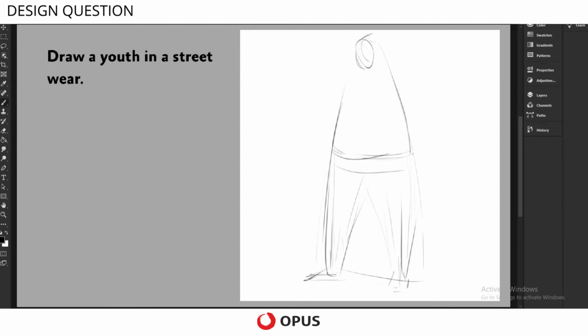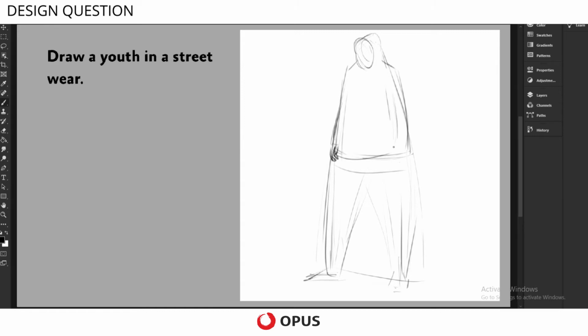So suppose he is wearing this, this is the top part. All right, and this is how he's wearing that hoodie, and this is the hands, fingers.